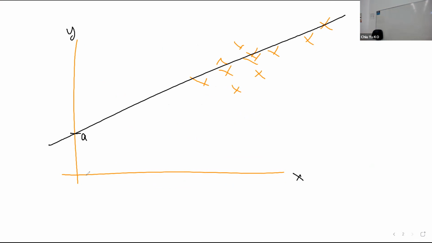And this will be meaningful or useful if there are values next to X. Otherwise, the interpretation is not very useful, because there's maybe no meaning of X being 0.